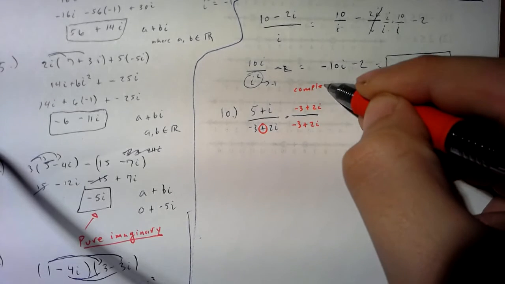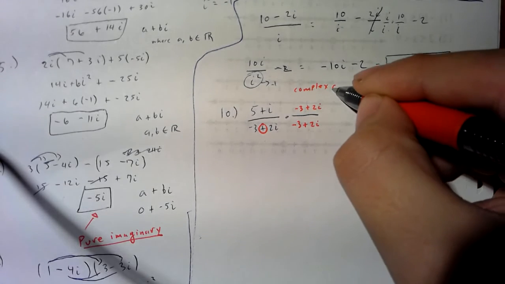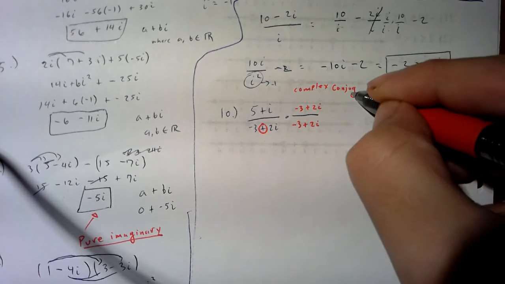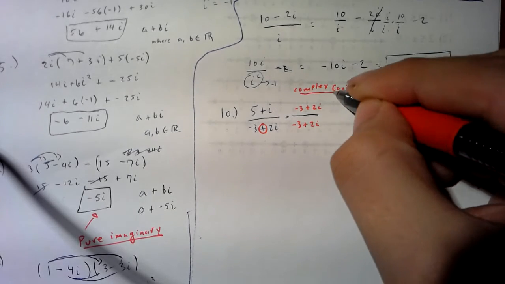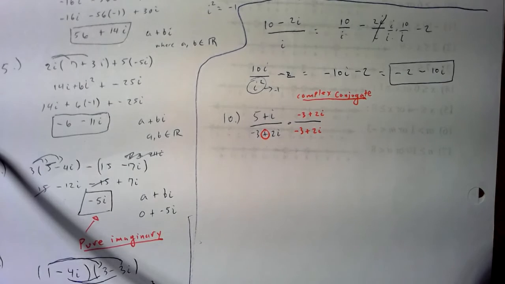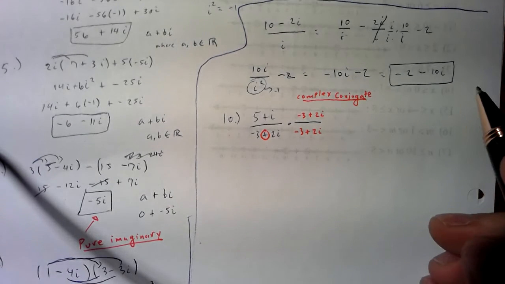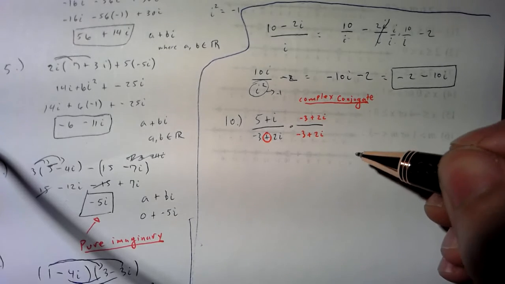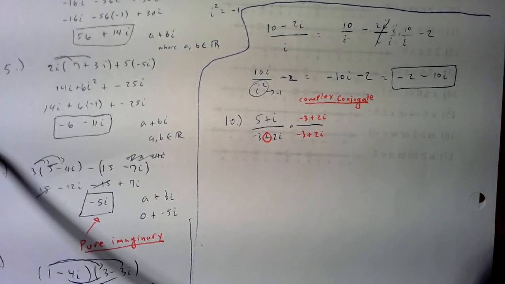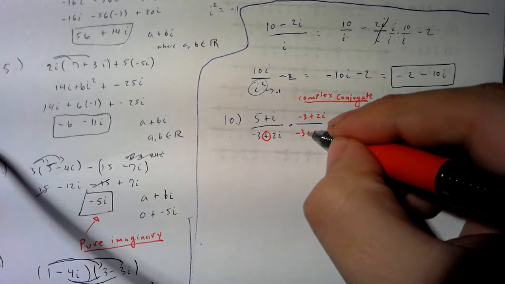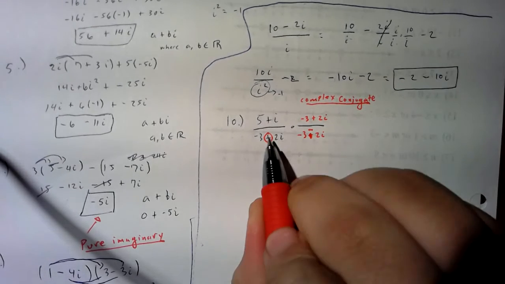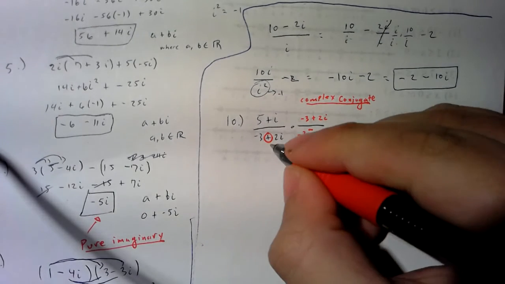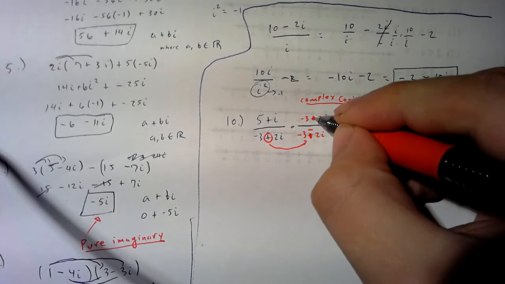That's the proper name for this, complex conjugate. It's a very important algebraic expression that you can construct. Oh, I'm sorry, I didn't put a minus sign. There should have been a minus sign. Remember, it's flipped, right? This is a plus, so it turns into a minus sign.